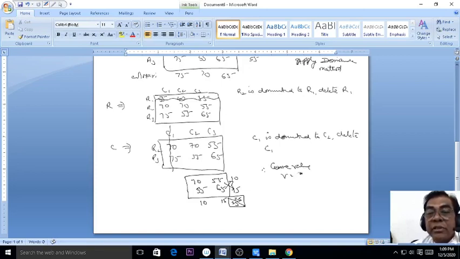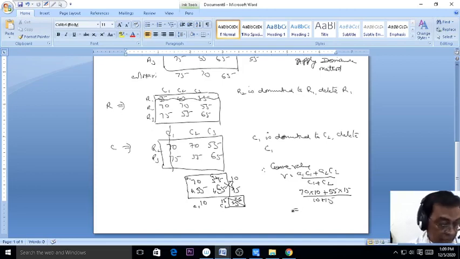Therefore, the game value is equal to, what is the basic formula? A1 C1 plus A2 C2 divided by C1 plus C2. Let these be A1, A2, B1, B2, C1, C2. So A1 70 into C1 10 plus A2 55 into 15, divided by 10 plus 15. 70 into 10 is 700.